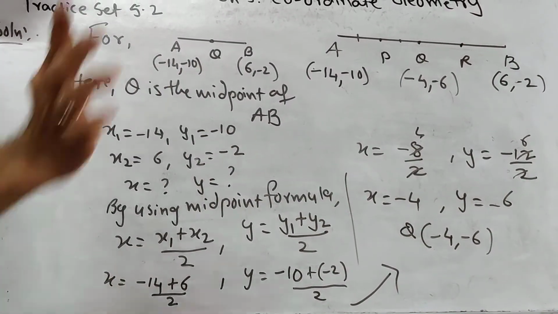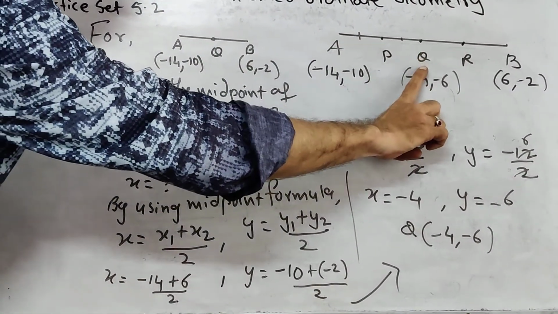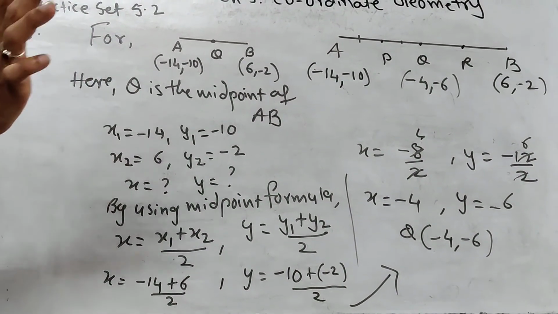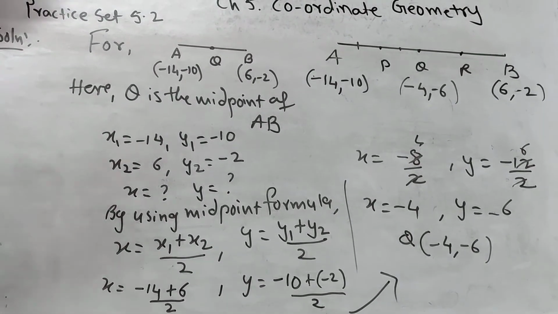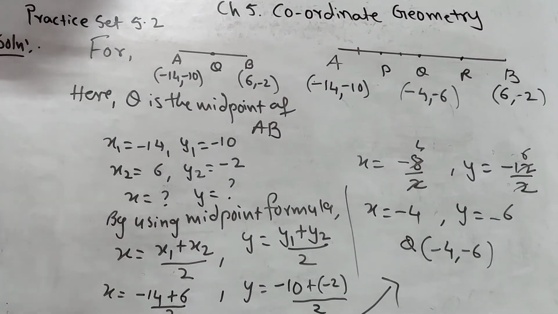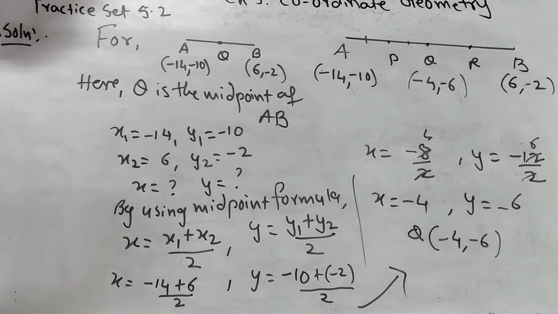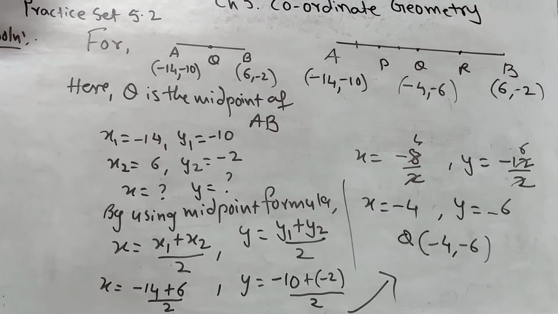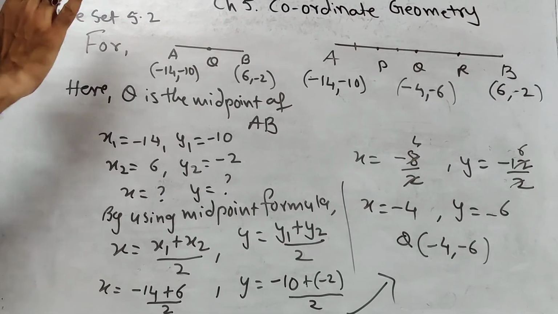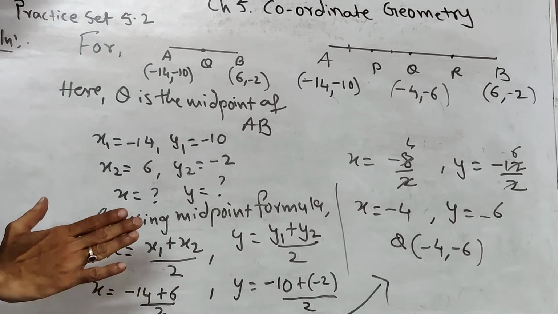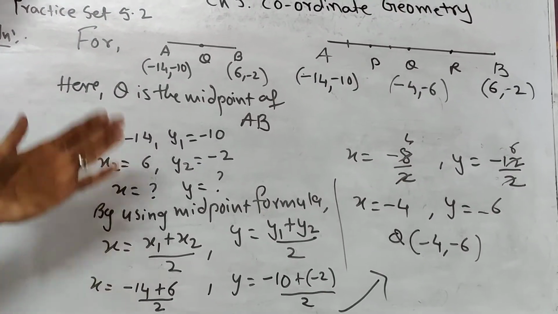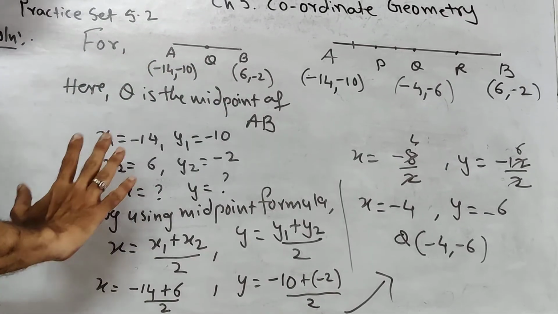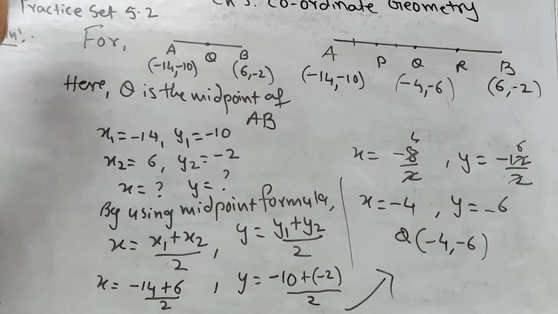So very easily you get P, Q and R, all three coordinates, with the help of the midpoint formula only. Please complete the sum. Otherwise I will solve it here and show you both parts. You tally your answer. Copy it down.